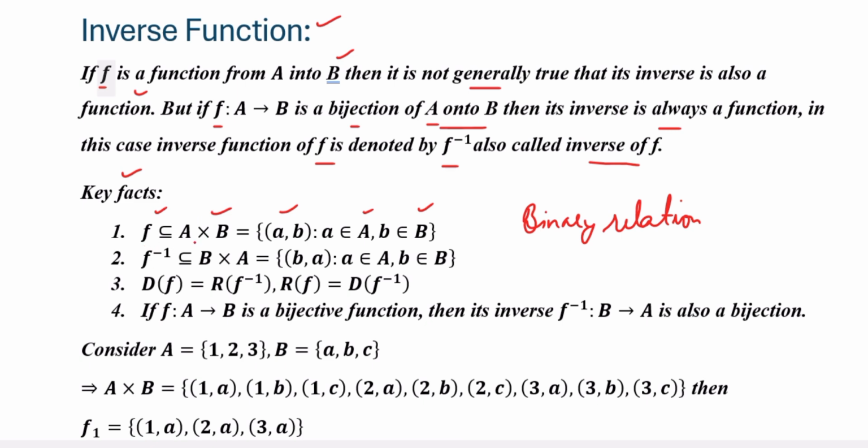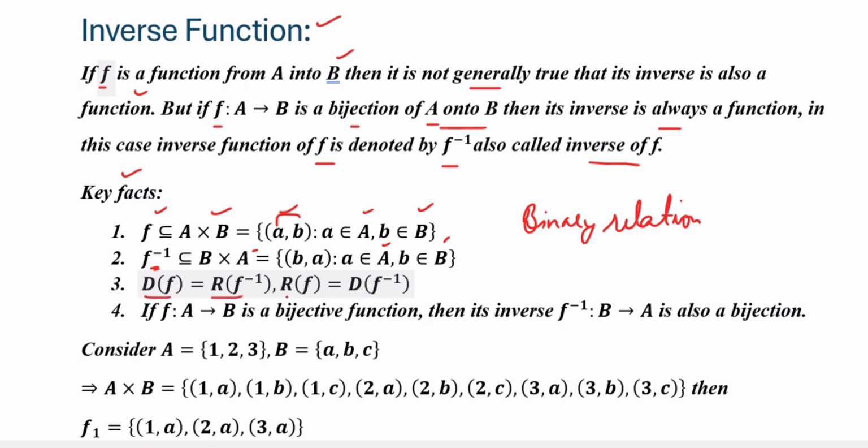If f is a subset of A cross B, then its inverse, f inverse, is always a subset of B cross A. That is just obtained by swapping the elements a and b like this, (b, a), where a belongs to the first set A and b belongs to the second set B. The third point is the domain of f is always equal to the range of f inverse.